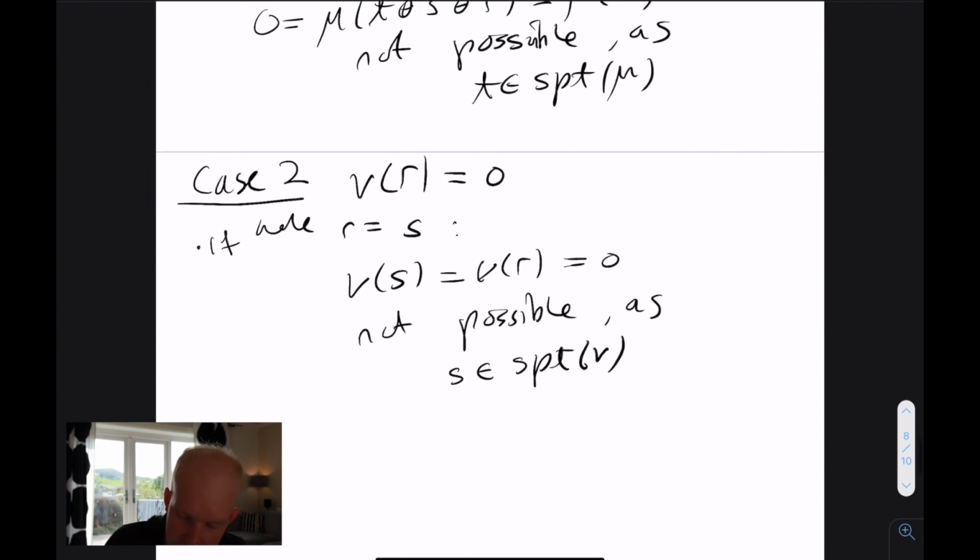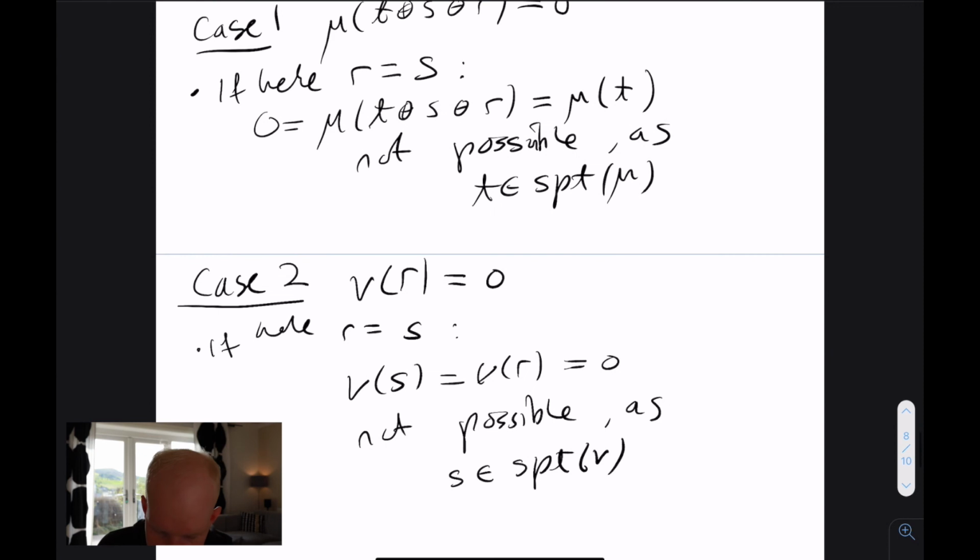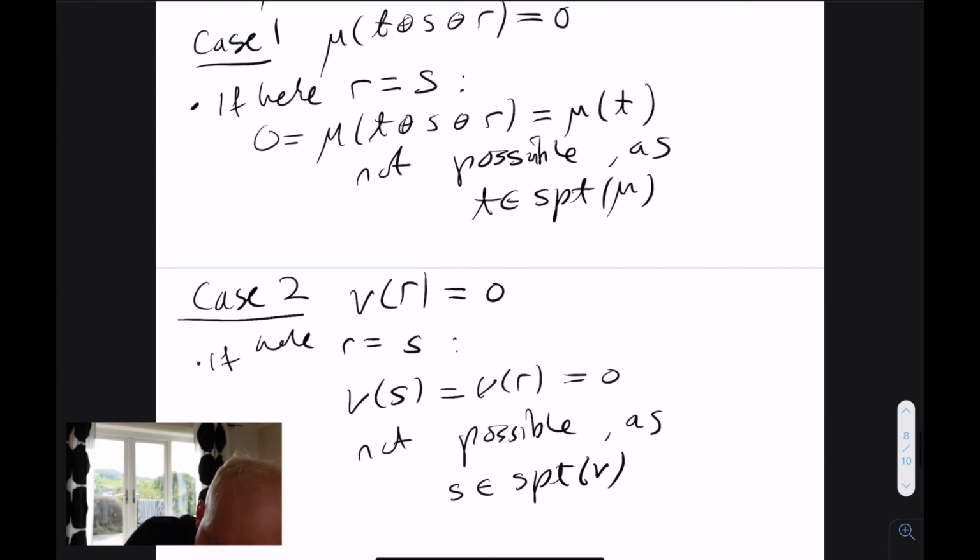So in both cases we got a contradiction if we assume that r is equal to s here.